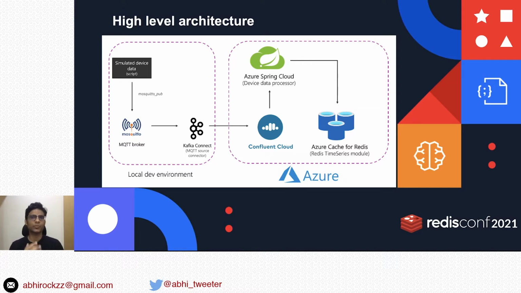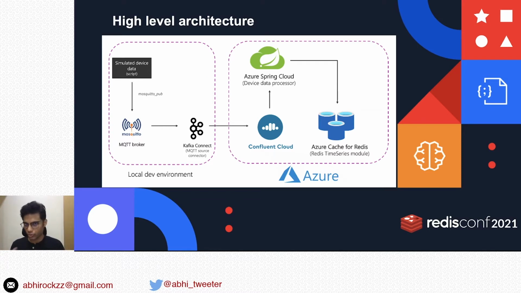It processes this continuously generated device data from Kafka, and then uses the Java client for Redis time series to finally push this into Azure Cache for Redis, the instance which I have set up, and this has the Redis time series module running within itself as well. So that's a very high-level 10,000 feet overview of what the end-to-end architecture looks like.